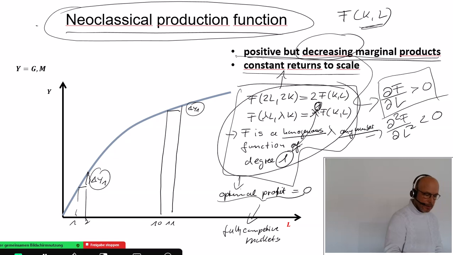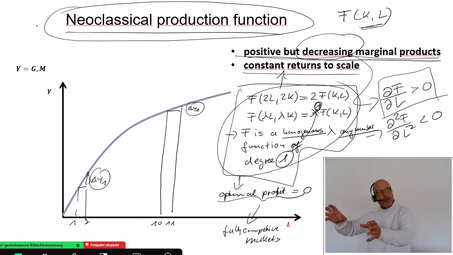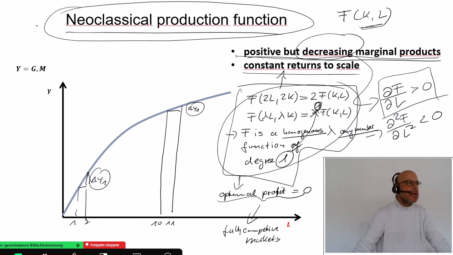And right now we are not using this assumption in many parts of our model. This is, so to speak, only to motivate our model that we are talking about fully competitive markets.